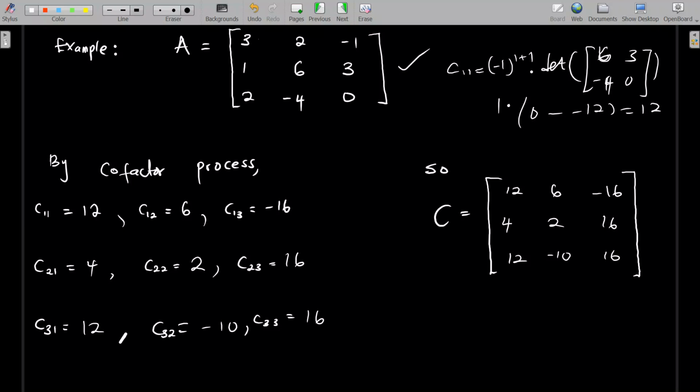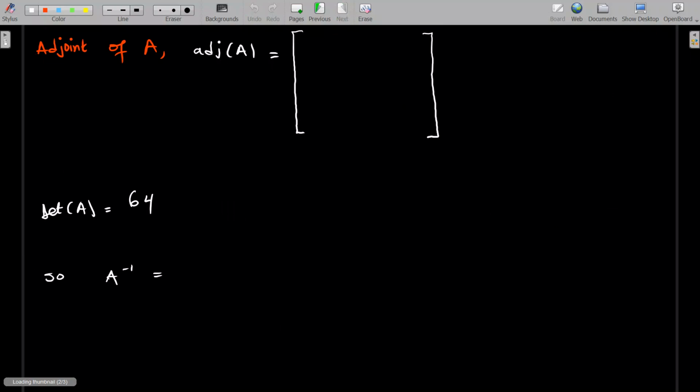Now if I'm being asked to find the adjoint of this same matrix A, then I have to get the cofactor matrix like I have here, and I find the transpose of this cofactor matrix. And the transpose of this cofactor matrix, which is the adjoint of A, is given by transposing your matrix.